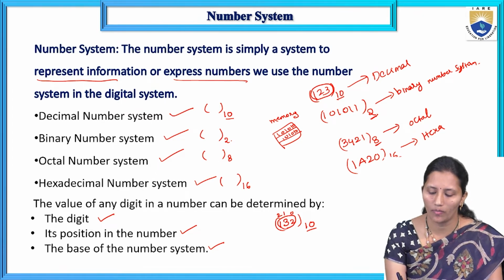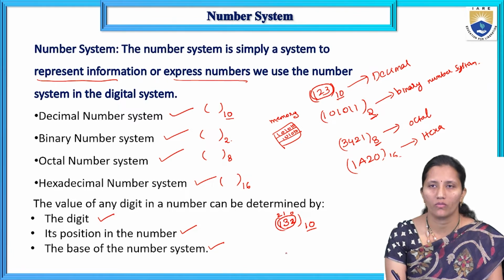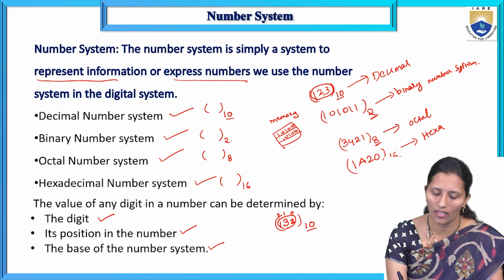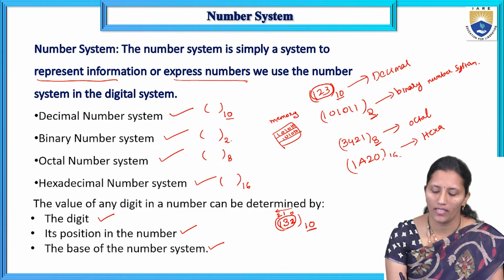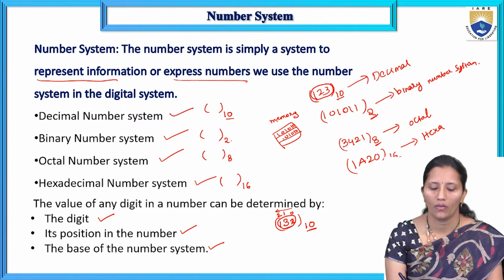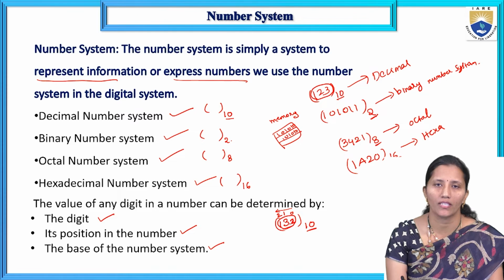So the 0th position digit is 2. These are the positions 0, 1, 2, and 10 is the base, and the digits are 132. By seeing these, we can tell which number system the number belongs to.